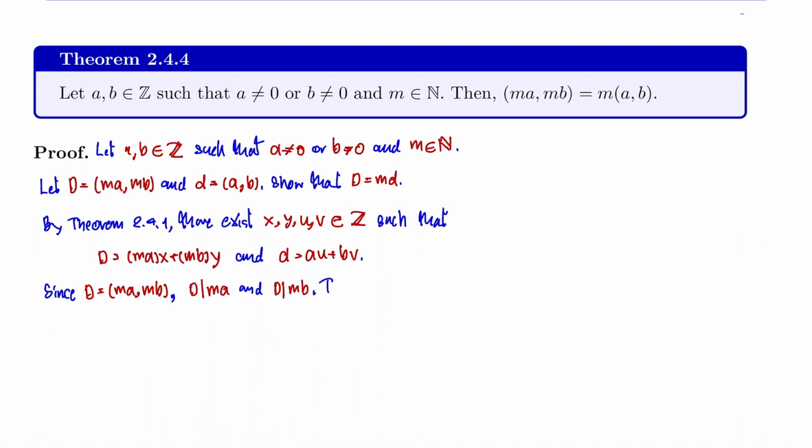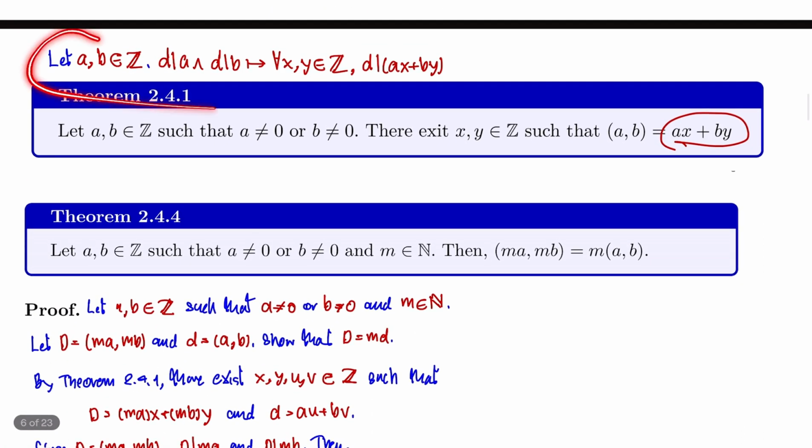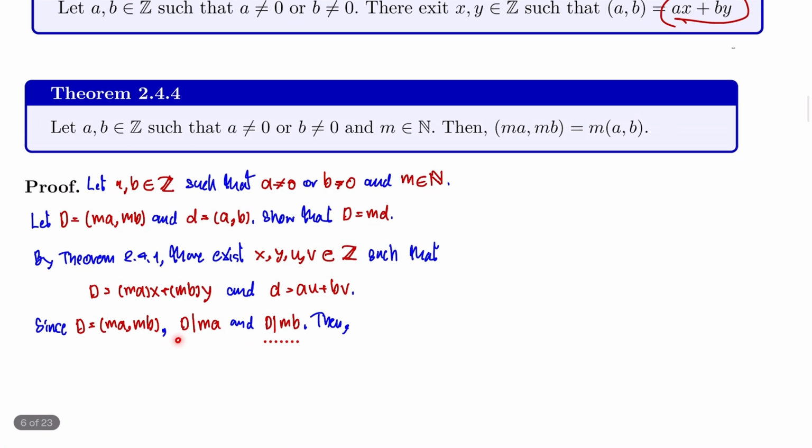Then I want to try to write this D as dividing md. So I start with this greatest common divisor first, and then we have to use this one, because D divides ma and D divides mb.